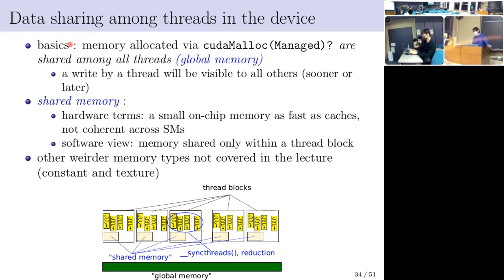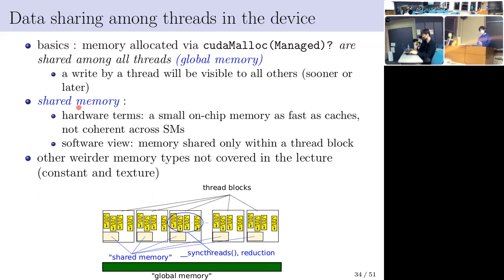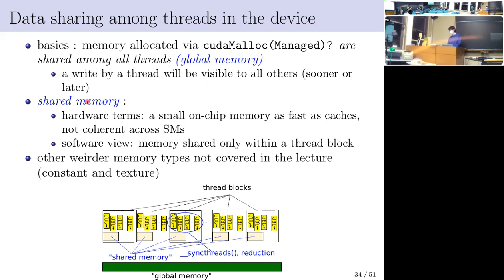So the basics is that the only memory region CUDA threads are able to access is memory allocated by cudaMalloc or cudaMallocManaged, and shared memory, which I likely talked about before.